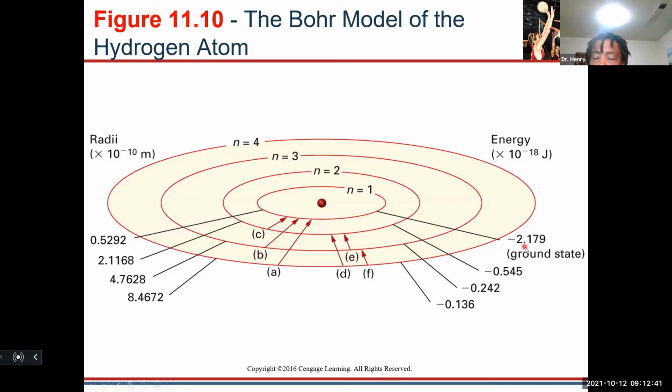This is the energy that would be associated with it. As soon as he put some energy into it, it popped up. It could pop up to that second energy level, it could pop up to the third energy level, or it could pop up to the fourth energy level. Now, the thing is that it was able to pop up without having to go through each of the different energy levels. It just skips over it. You just put enough energy and it pops all the way up, right?